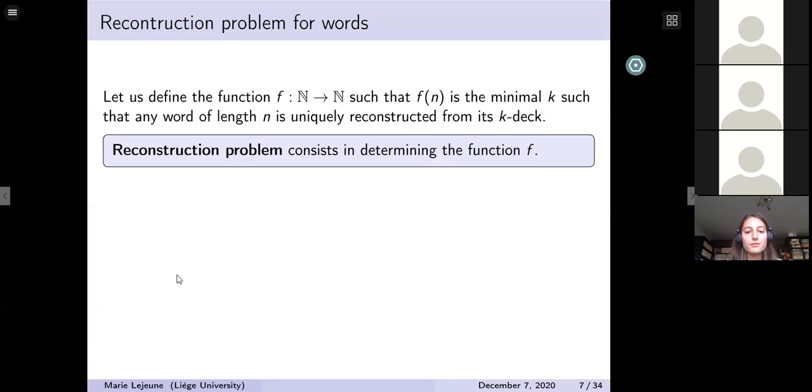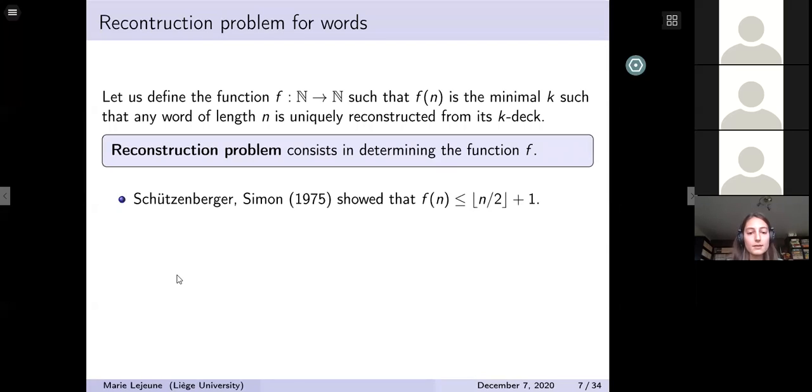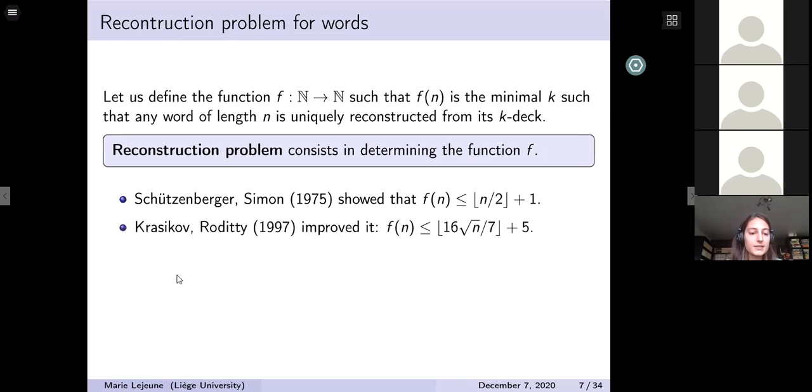So we want to determine the function. And some partial results were already obtained. First, in 1975, Schützenberger and Simon showed that any word of length n is uniquely reconstructed from its k-deck if k is at least half of the length of the word. Then it was improved by Krasikov and Roditty in 1997, and the bound is now in square root of n.